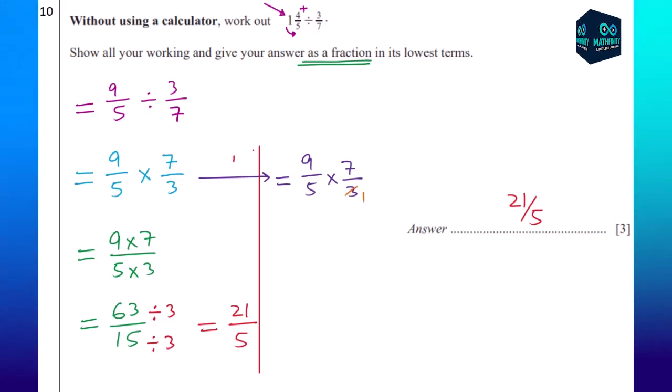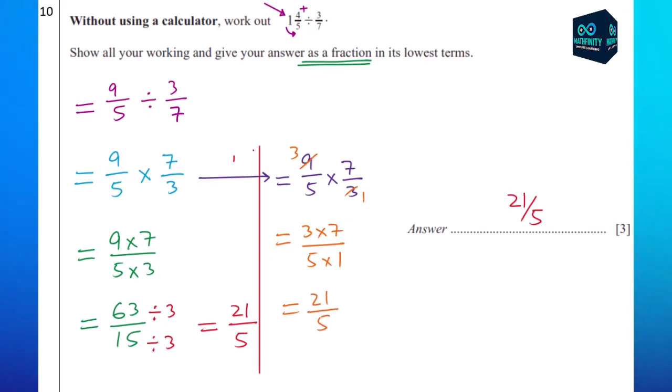So 3 times 1, 3 times 3. What is left? You have to multiply 3 times 7 over 5 times 1. That's it. 21 over 5.